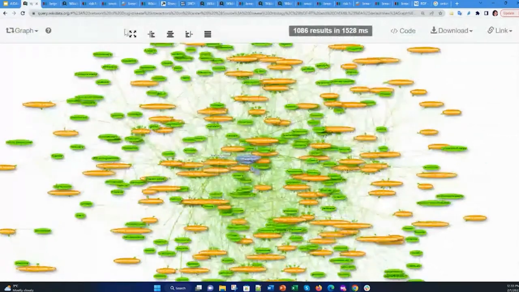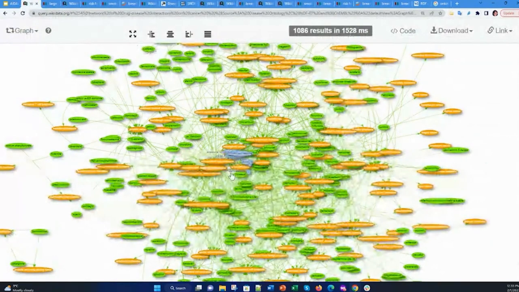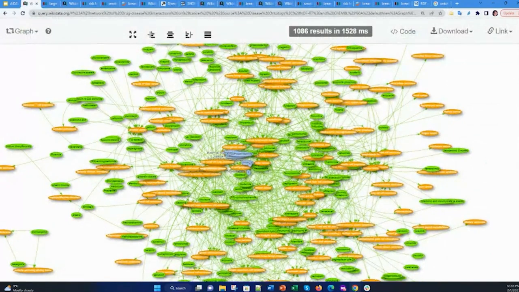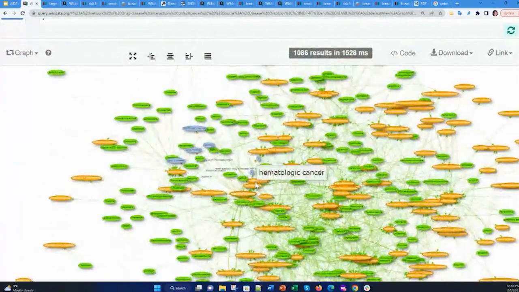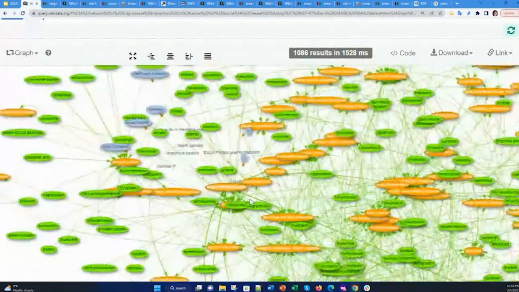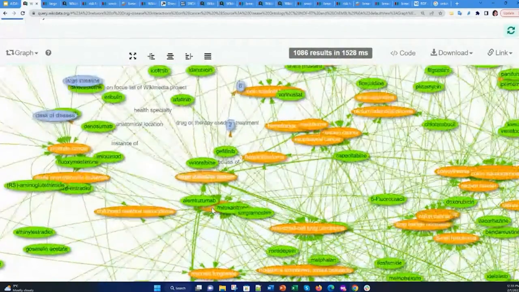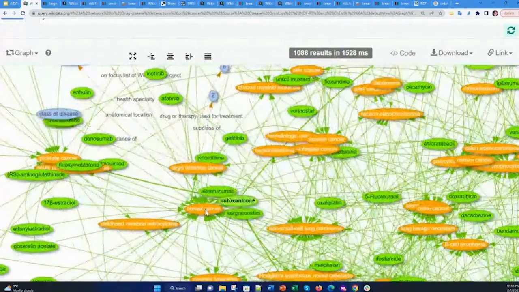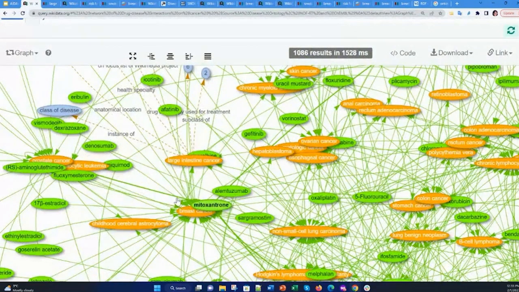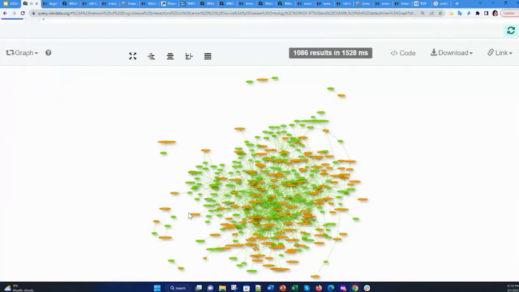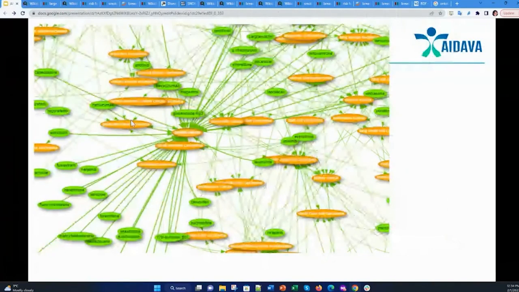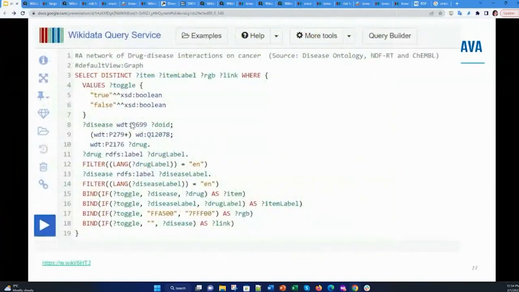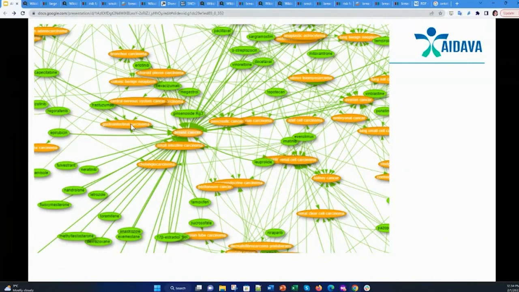Oh, I first need to stabilize this one, and then go further and explore. Unfortunately, it's quite dynamic. Here is our breast cancer. I can see it, but the graph is really dynamic. And we can explore the relations for some particular disease. I also provide links to these queries, and you can explore them later.